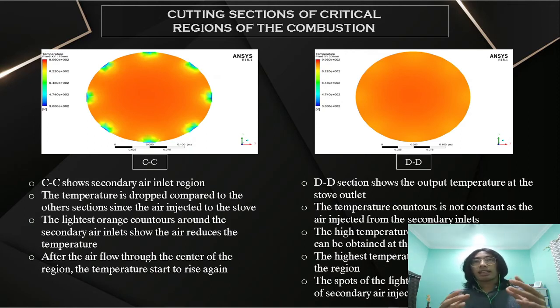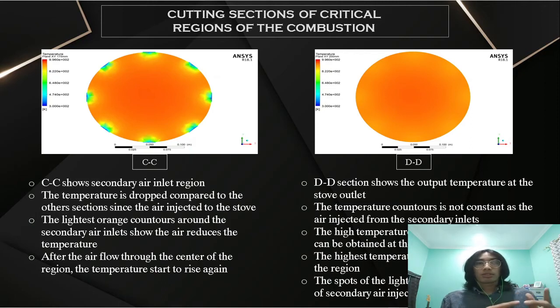The light orange colors around the secondary inlets show the air reduces the temperature a little bit, but as the air flows through the center of the region, the temperature starts to rise again. So by these sections, we can say that the flame behavior reacts to the air inlets, and the temperature starts to drop gradually when air enters the combustion.